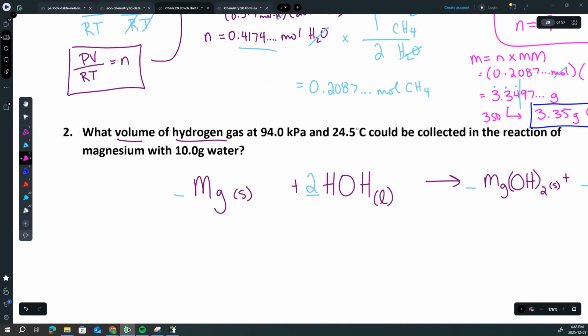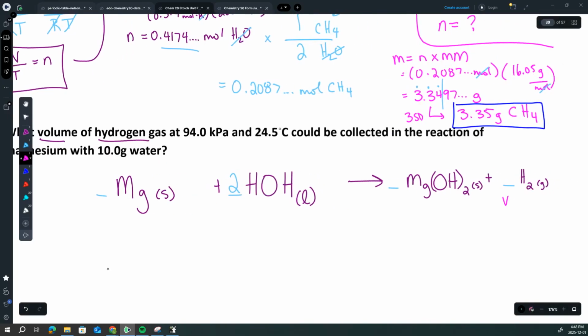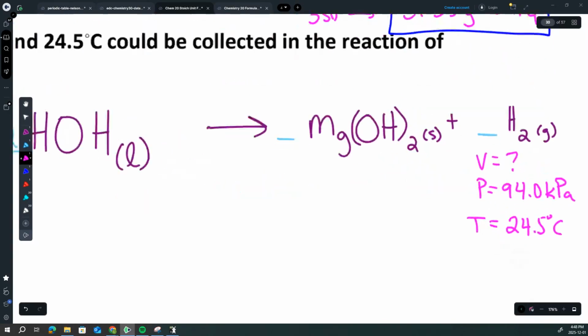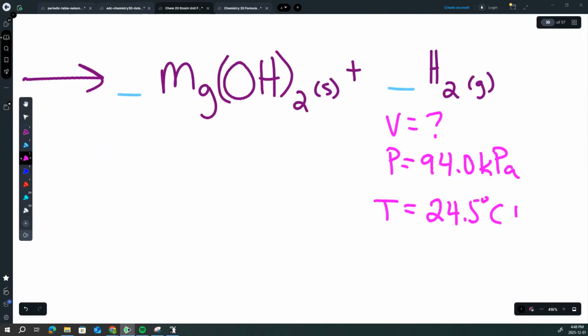Okay, let's organize our information. So what volume of hydrogen gas, so volume equals, we don't know, and it's saying that the hydrogen gas is at a pressure of 94 kilopascals and a temperature of 24.5 degrees Celsius, but remember, we never use degrees Celsius, we always use Kelvin, so we're going to add 273.15.